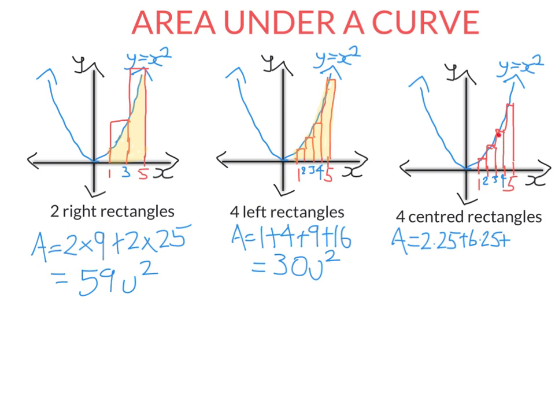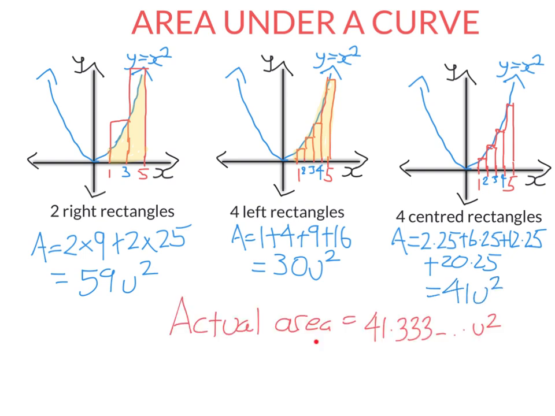So if x is 3.5, y would be 3.5 squared, which is 12.25. And for the last one, length is going to be 4.5 squared, halfway between 4 and 5. So 20.25. And so that gives us an answer of 41 units squared.